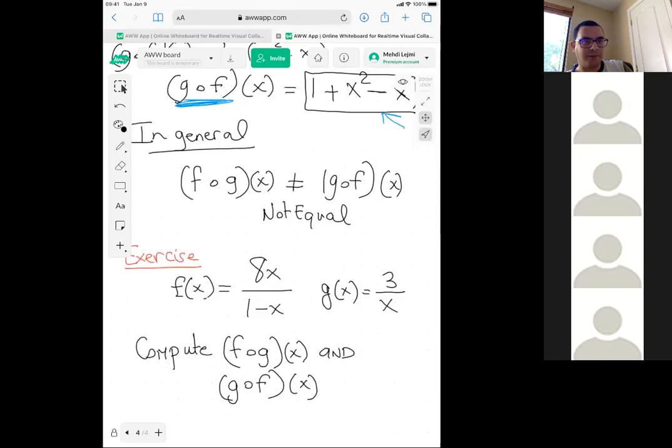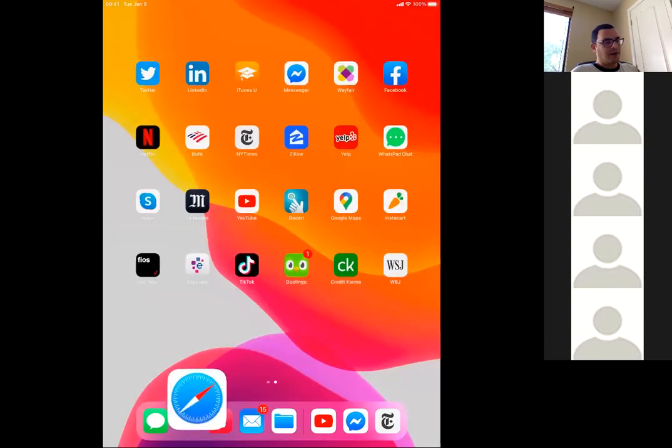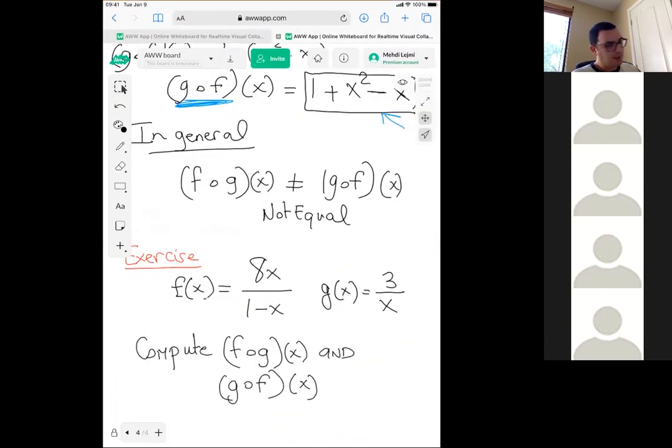Any guess for f composed with g? Yes, Samira, that's excellent. Yes, correct. Yeah, so guys, I guess you have to deal with division of fractions, subtraction of fractions.